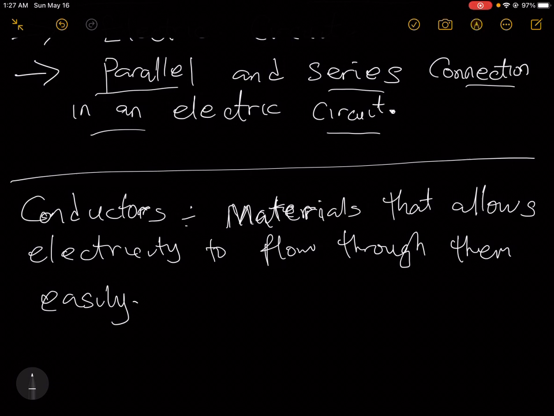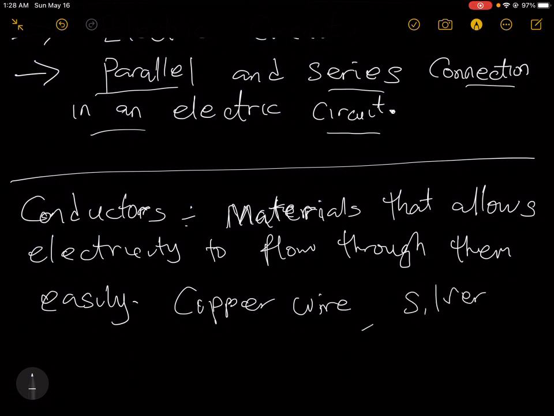So we have examples of conductors. We have copper, we have silver, we have inorganic materials or inorganic acid solutions and all. Like your copper wire, we have silver wire, we have platinum and all.